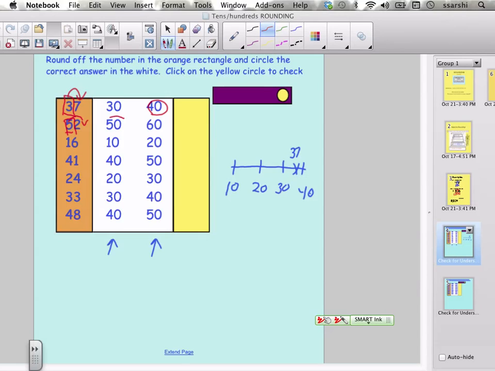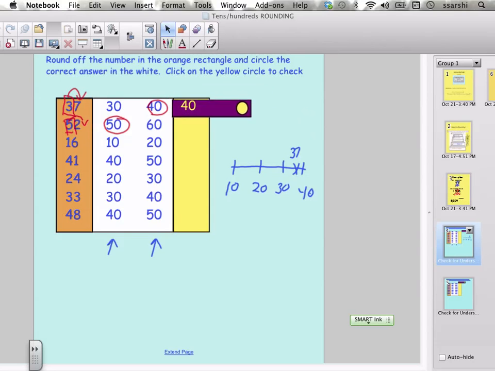I would say 50 is my answer. You can go ahead, pause the video, figure out the rest of the problems, and then when you're done, you're going to hit play again, and I'll show you the answers.